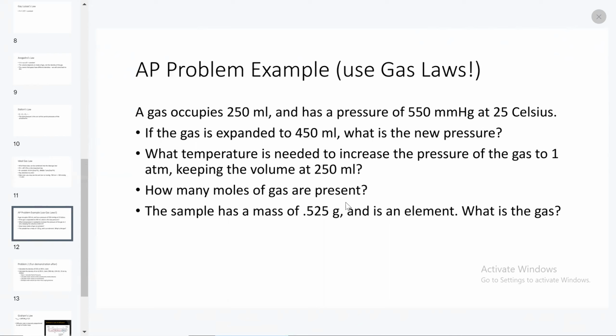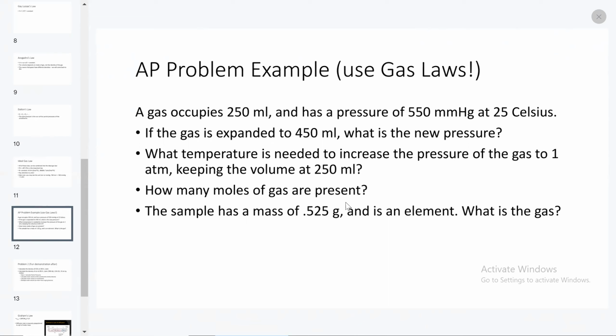Can someone tell me the pressure in atmospheres? Anyone? Great, 0.724. So just divide by 760.